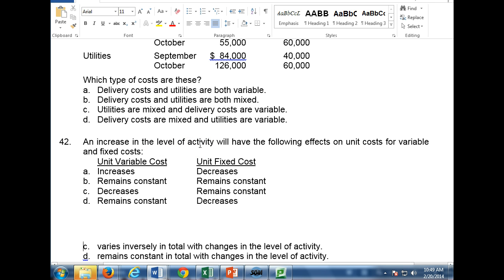So the number of units we produce is going to increase. What's going to happen to our unit variable cost? Will it increase with the number of units we produce? Is it the same amount per unit? So as we create more units, is our variable cost going to increase?